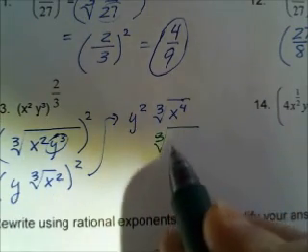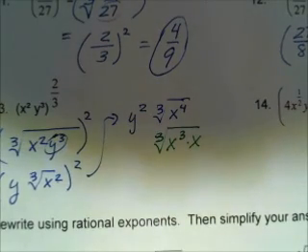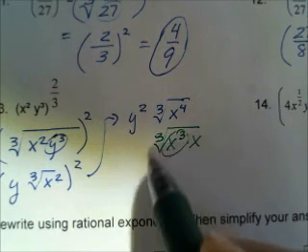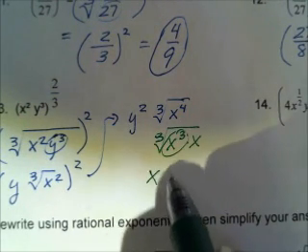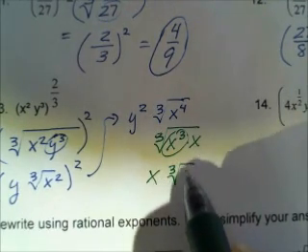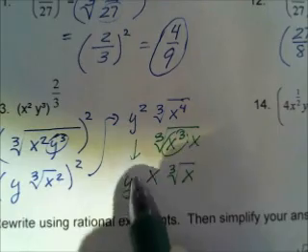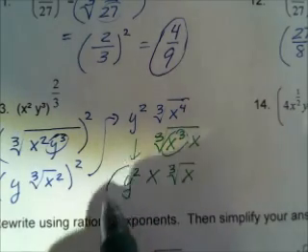We would break x to the fourth down into x to the third times x. Now this is a perfect cube. Out comes its cube root, which is x. And the cube root of x stays. And then don't forget, bring down the y squared. So y squared x, cube root of x.